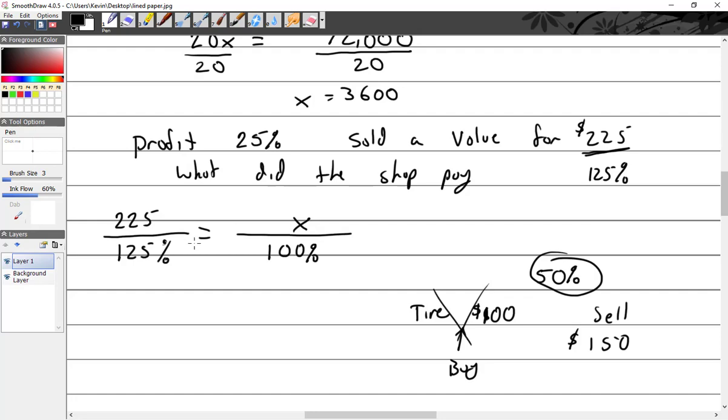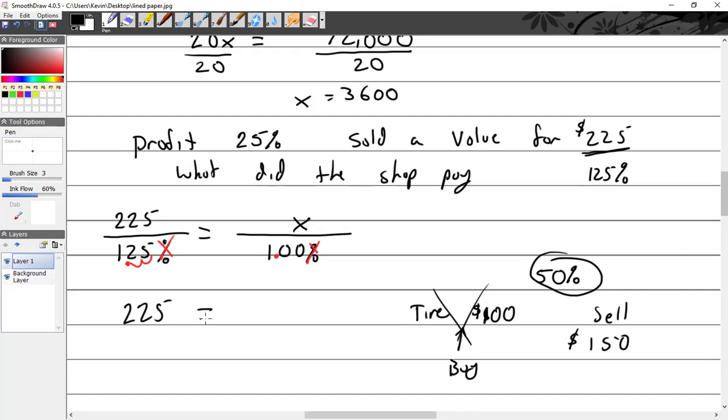I don't want this in percent, so let's cross out the percent signs and make this 1 and 1.25. That's a little easier to work with. 225 times 1 is 225.